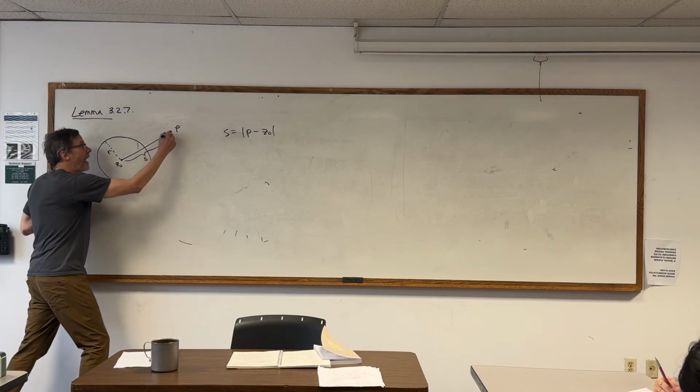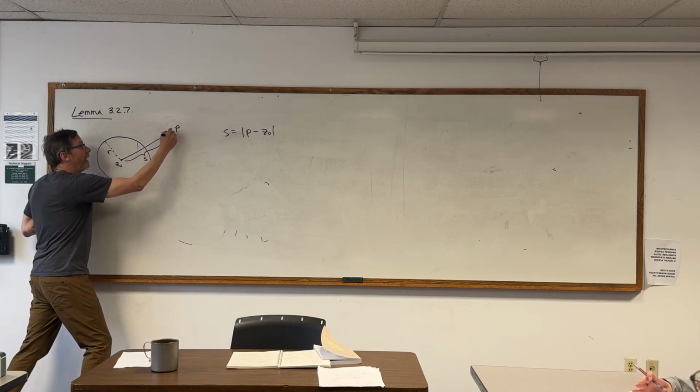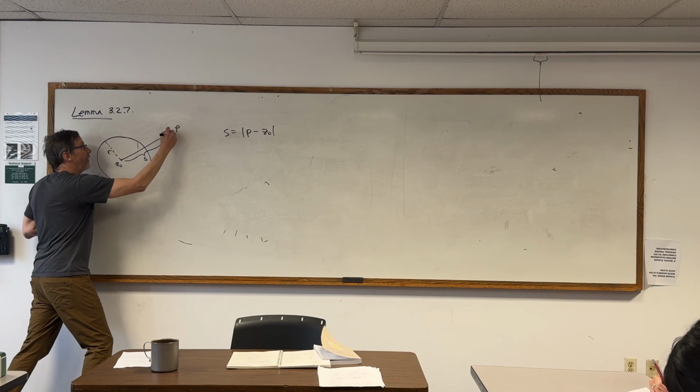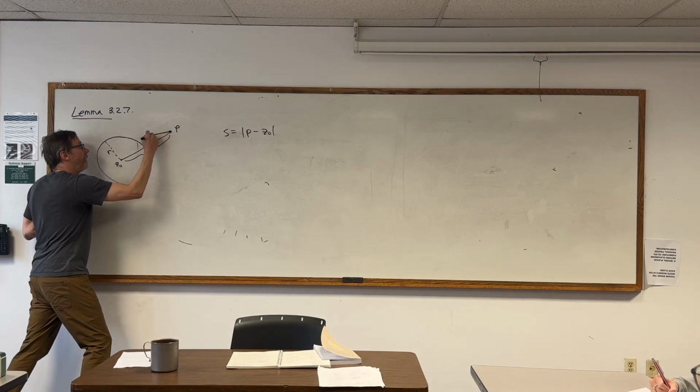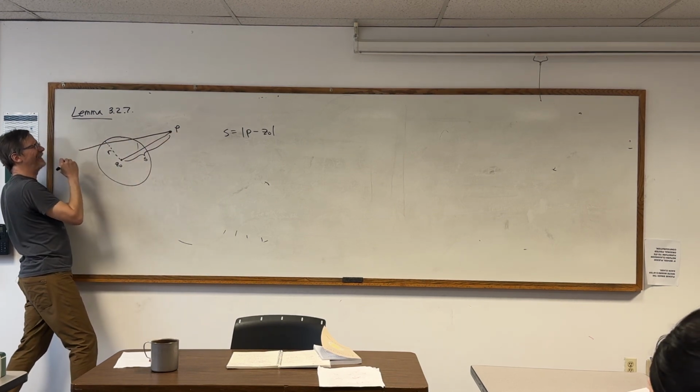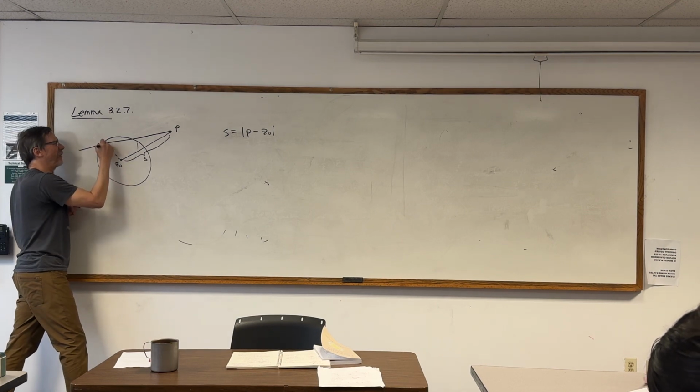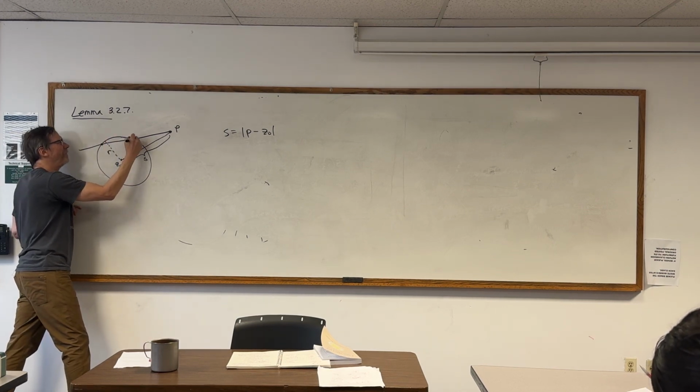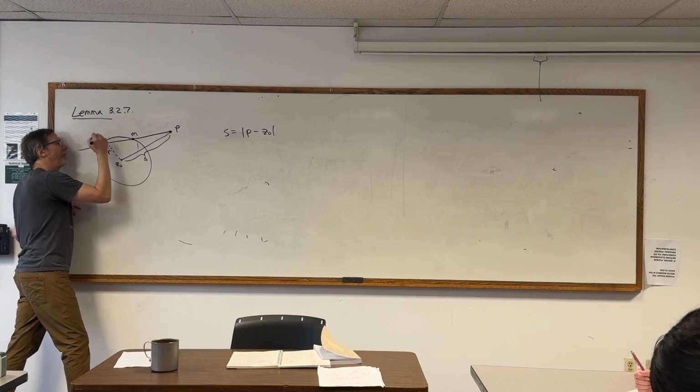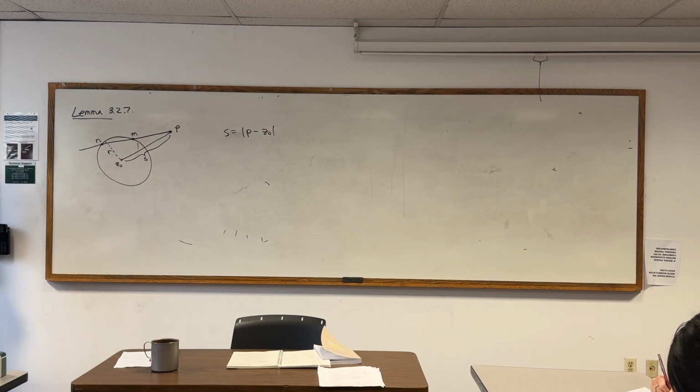Then I'm going to take any other line through P that intersects the circle. So draw some line from P that passes through the circle. I don't have an undo button, so too bad. And it's going to intersect the circle in a couple of points, M and N.